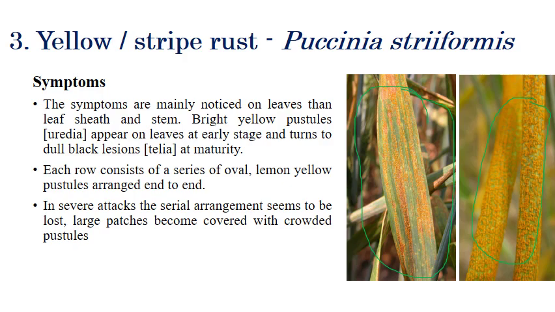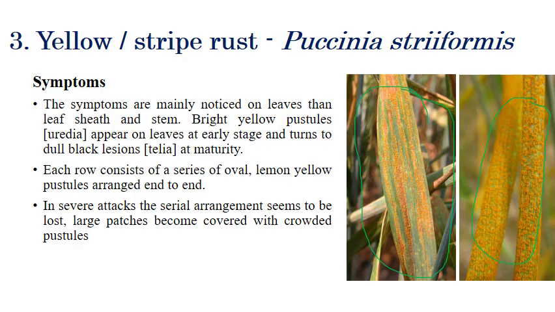Later, they slowly turn to dull black lesions because of the production of telia, or due to maturity. These yellow spots appear in the earlier stages and slowly convert to dull black in color.